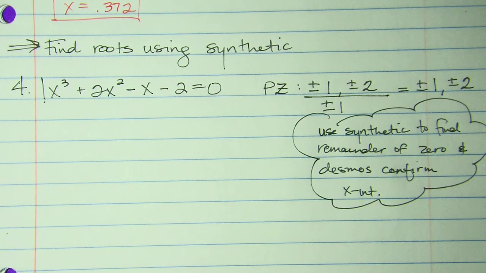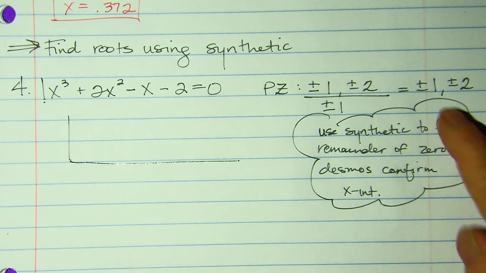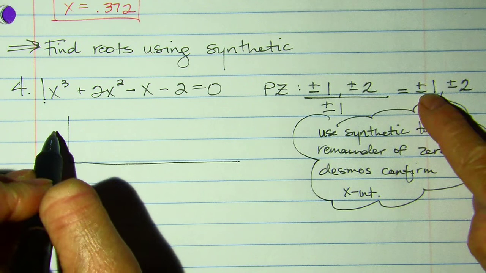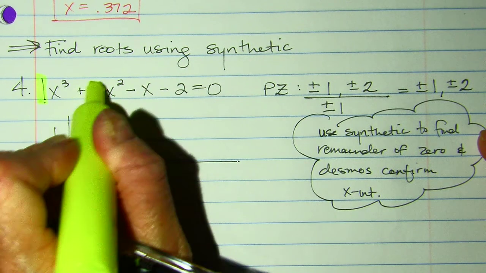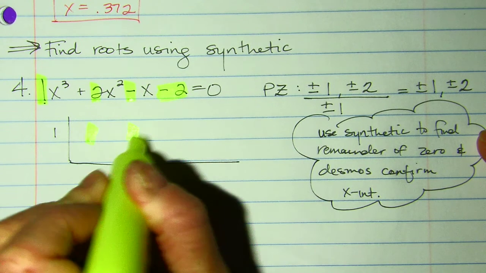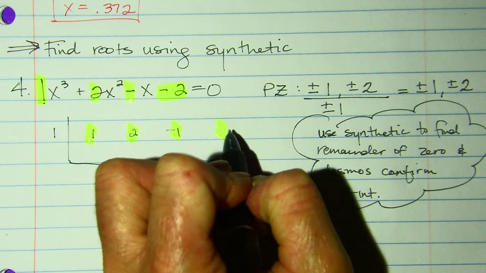So let's say I decide to start with synthetic because this problem's easy. I only have a few possible zeros. So I'm going to try positive 1, and I'm going to bring down my coefficients right here. So I have 1, 2, negative 1, negative 2.